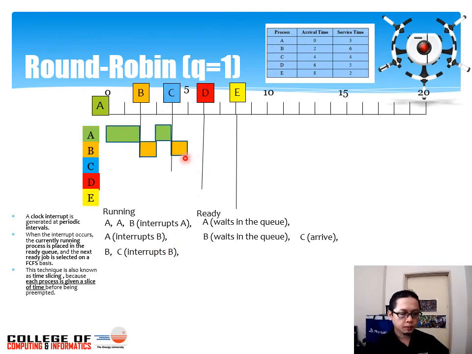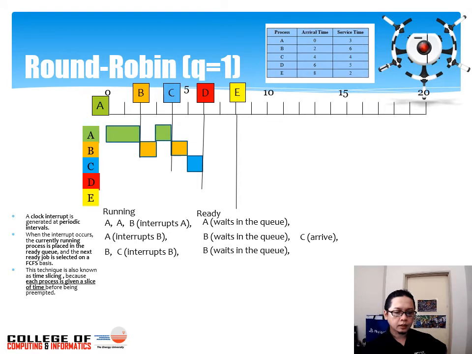Previously B was executing, now C is getting out from the ready queue, and C will interrupt B. Once C interrupts B, B waits in the queue again. It will go on like this, checking each slice who is interrupting who. So B waits in the queue, and C is executing there.